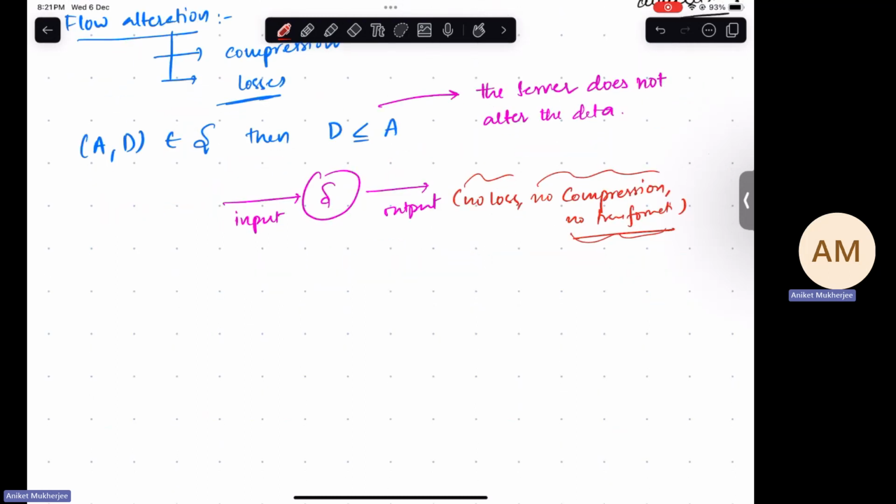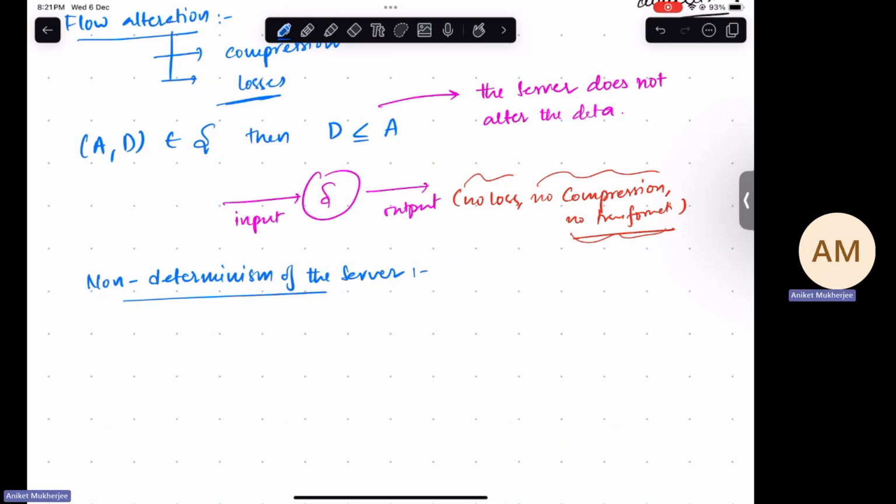Then we have something called non-determinism of the server. When we try to model real life systems, even if the real life system is really deterministic, there will always be some randomness or potential behavior which gets into a non-deterministic server model. Also, modeling in a non-deterministic way is a generalization of the deterministic server.